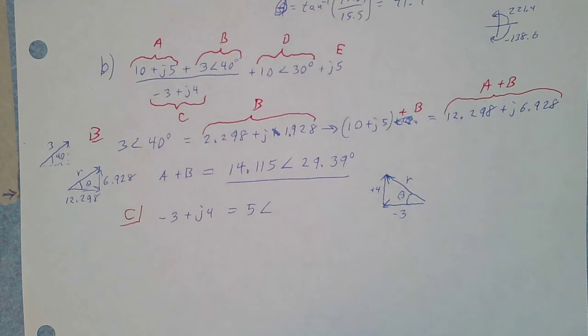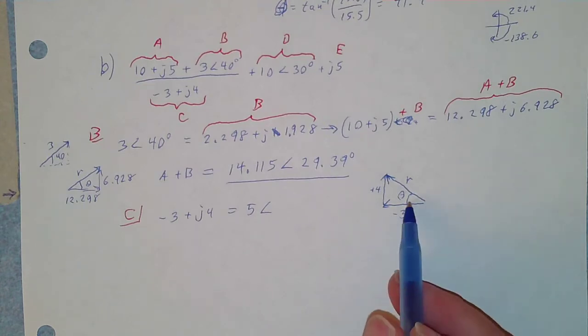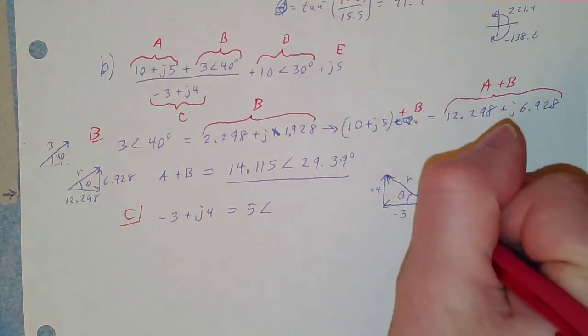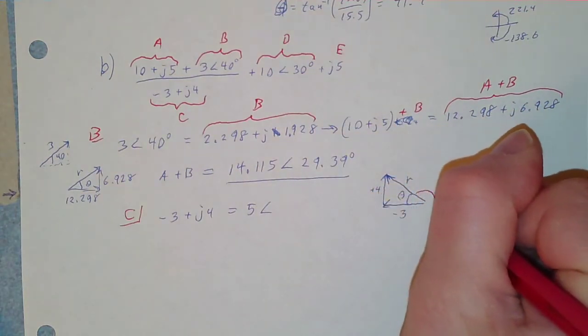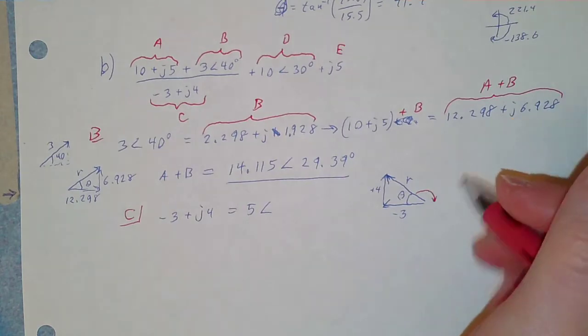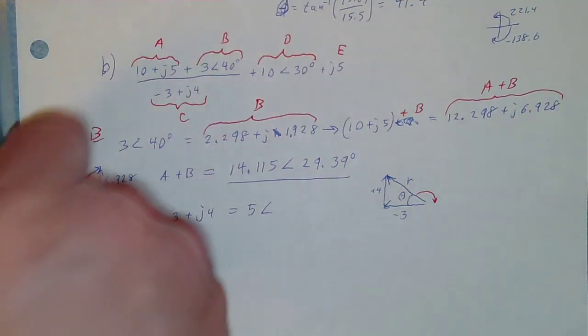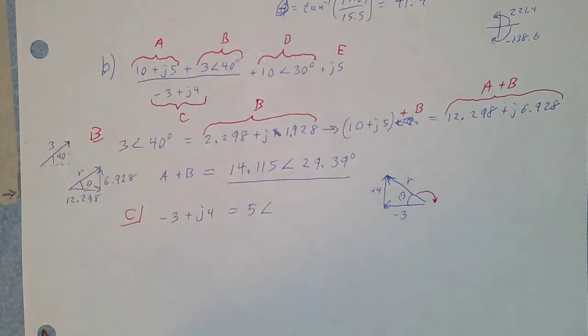And then our angle is, we've got this angle, but we've got to add it to 90 degrees, right? Oh, not 90. Let's do the math here. We've got to subtract it from 180.